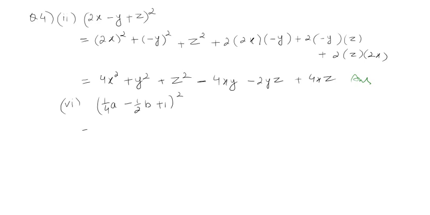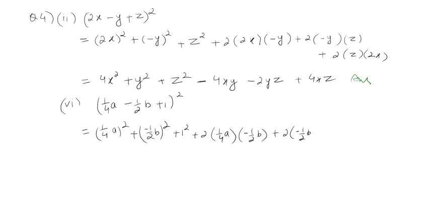So I'll start the expansion. (1 by 4a) square, this is the complete a square for us according to the identity, plus (minus 1 by 2b) square plus 1 square plus 2 into 1 by 4a into minus 1 by 2b, then plus 2 into minus 1 by 2b into 1.